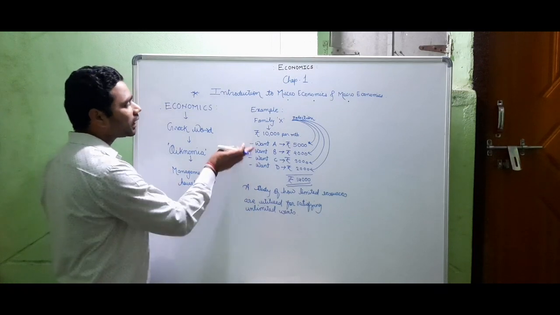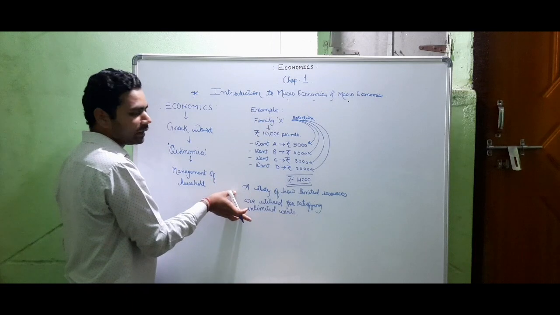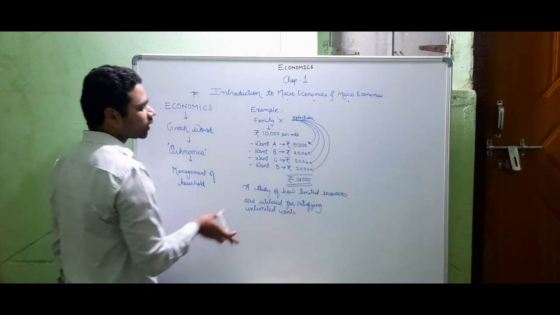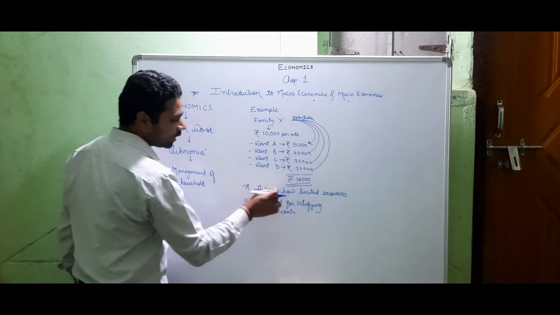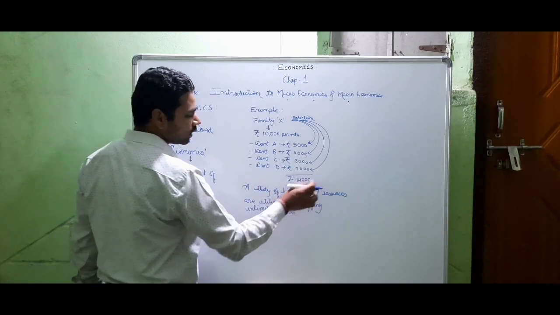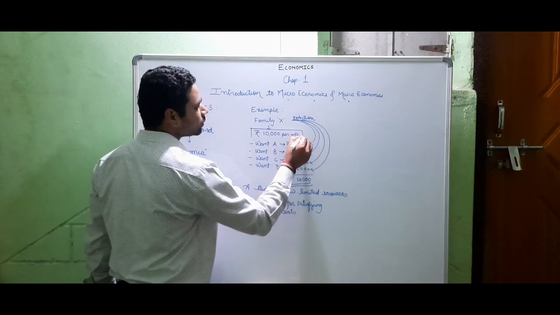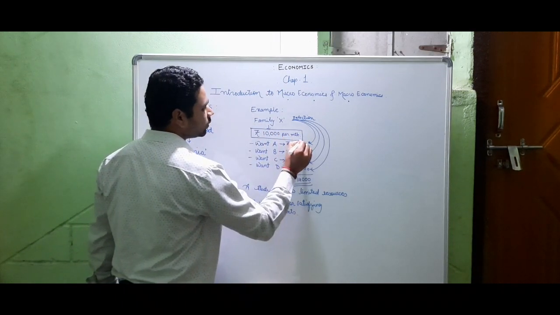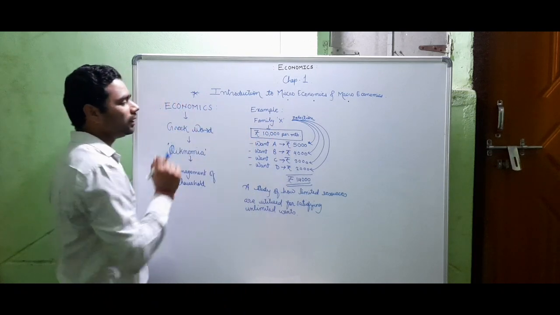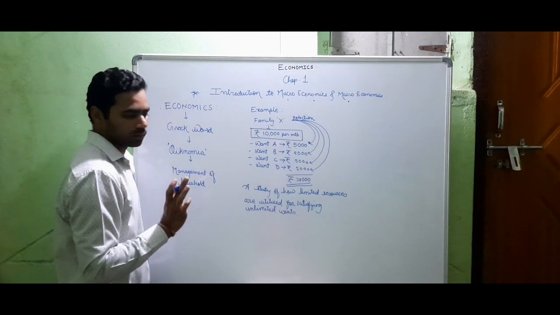Now we will make a comparison between the example which we have studied earlier and the meaning of it. Economics is a study of how limited resources are utilized. Limited resources means the income of family X, that is nothing but rupees 10,000 per month.